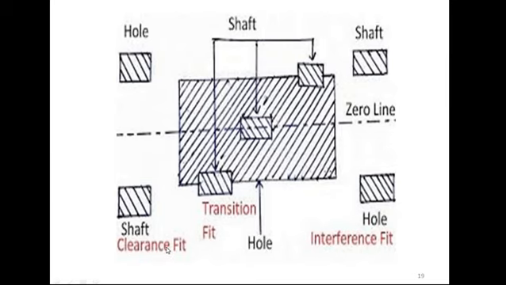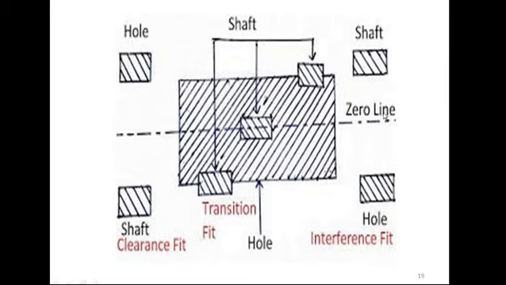then it is a clearance fit. In the transition fit, if the shaft is at a lower level, then it is a clearance fit, and if the shaft is at an upper level, then it is an interference fit. This is called a transition, because a transition fit is in between clearance and interference fit.